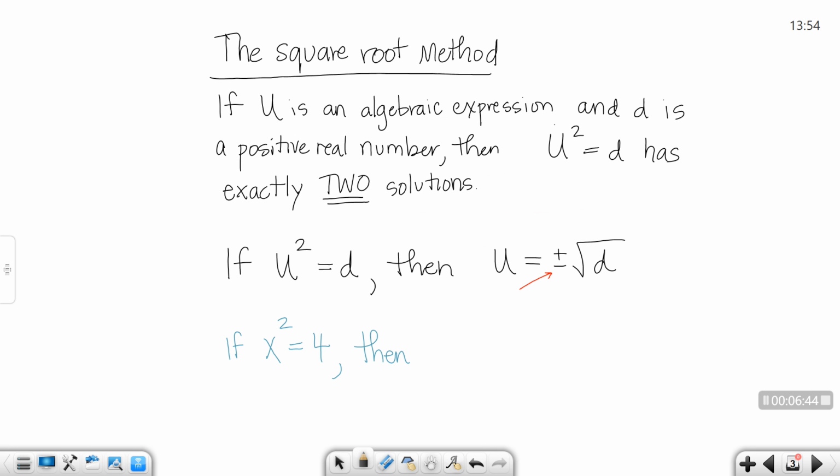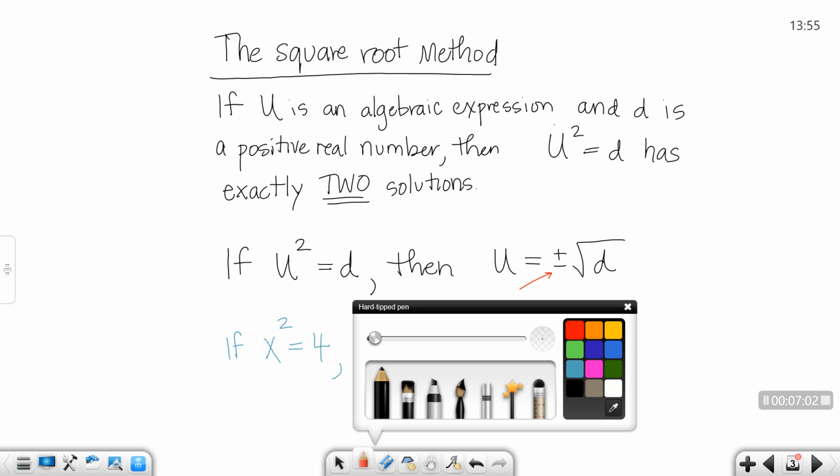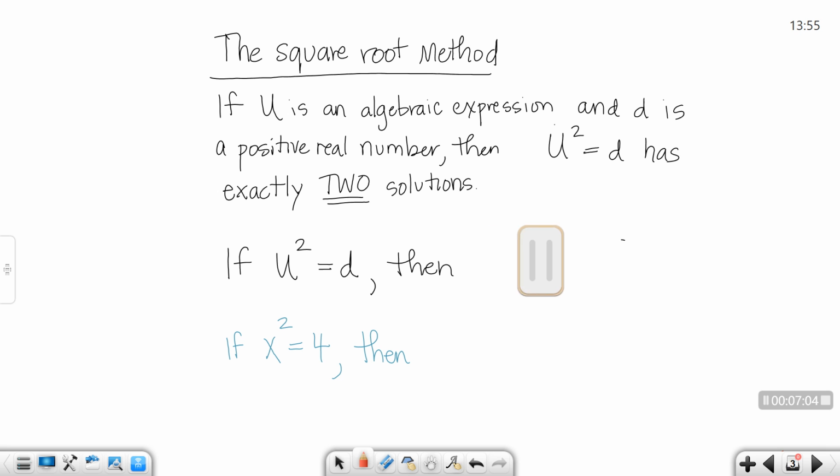Your next objective in this section is the square root method, and it's actually really easy to do as long as you remember one step. If you have an algebraic expression where you have an x squared in it, it means it's going to have two solutions. So if u squared equals d, what you're going to do is take the square root of both sides, and you have to remember to put a plus or minus right here.